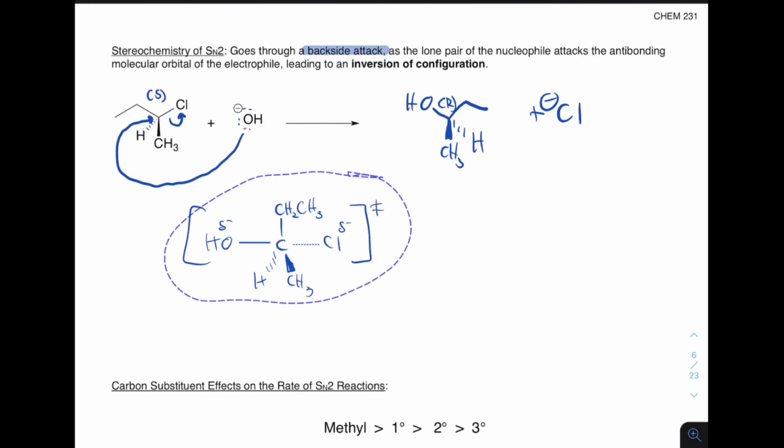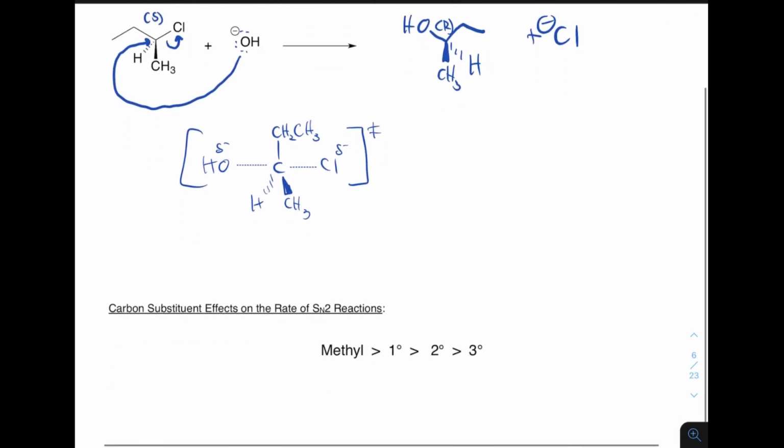And so, of course, because of this transition state, and because the size of the carbon matters here, this is also going to affect the rate of the SN2 reaction. If we start comparing SN2 reactions, we can say which one is faster and which one is slower. Because the smaller this carbon is, if it was just a methyl carbon with just hydrogens attached to it and a chlorine, this reaction would happen very quickly.